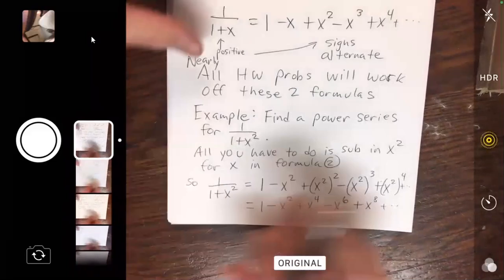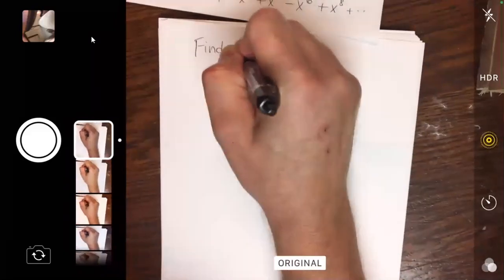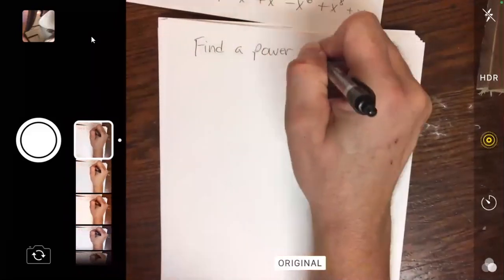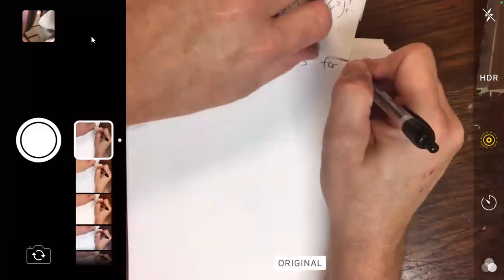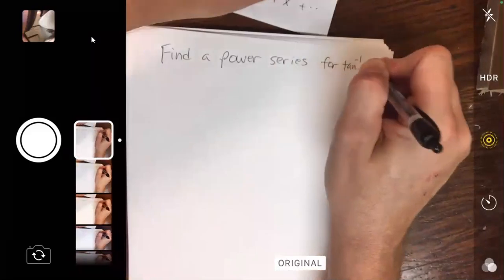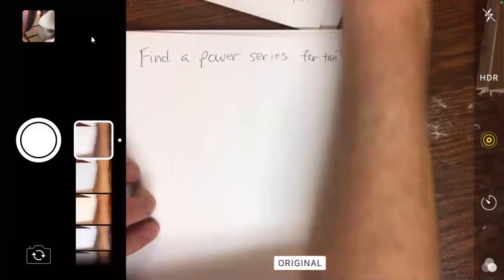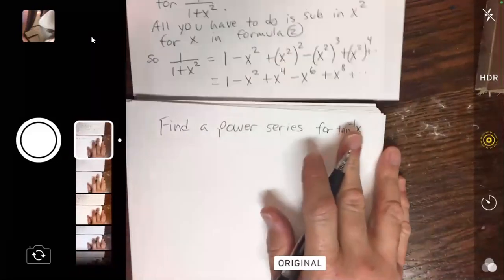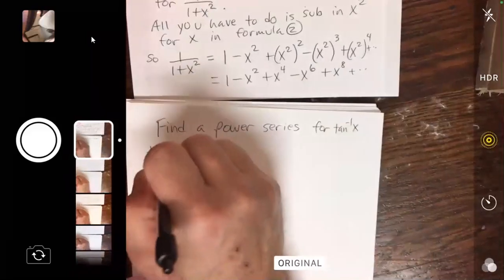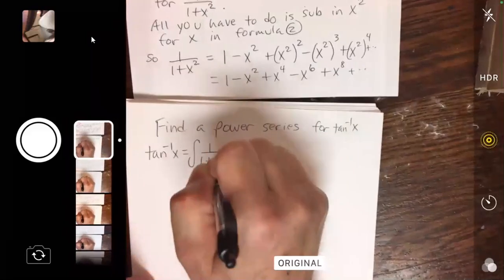See, the next thing they want you to do, the next example, they want you to find a power series for arctangent x. Well, it's almost like a progression here. If I can get both formulas on. Remember, arctangent x was the antiderivative of 1 over 1 plus x squared.